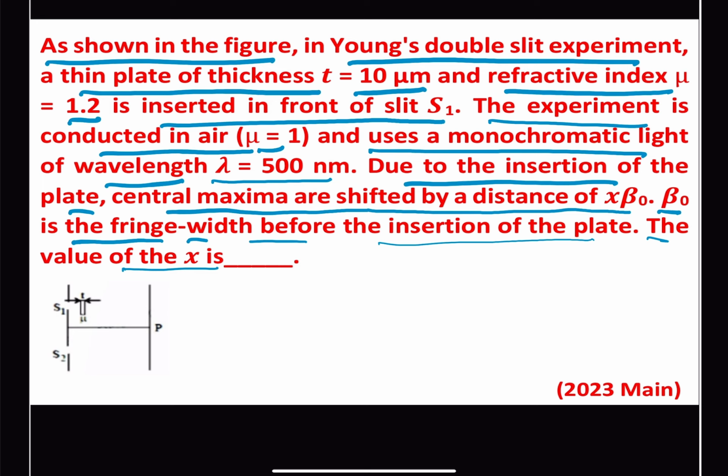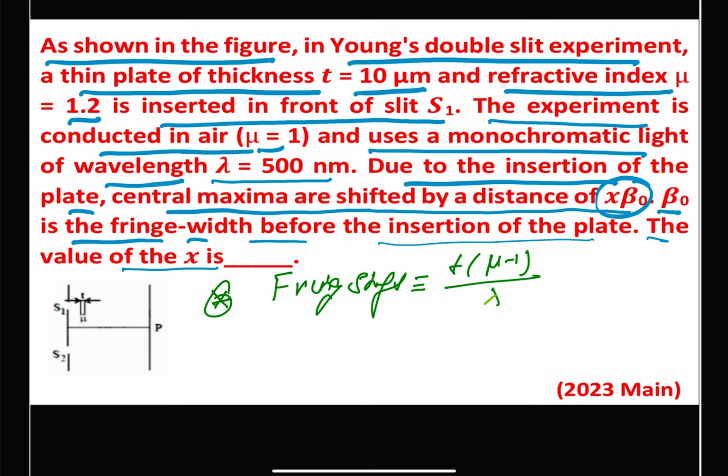Here it is given that the central maxima is shifted by x b0, and we know the formula that the fringe shift is given as t times mu minus 1 divided by lambda multiplied by b0.